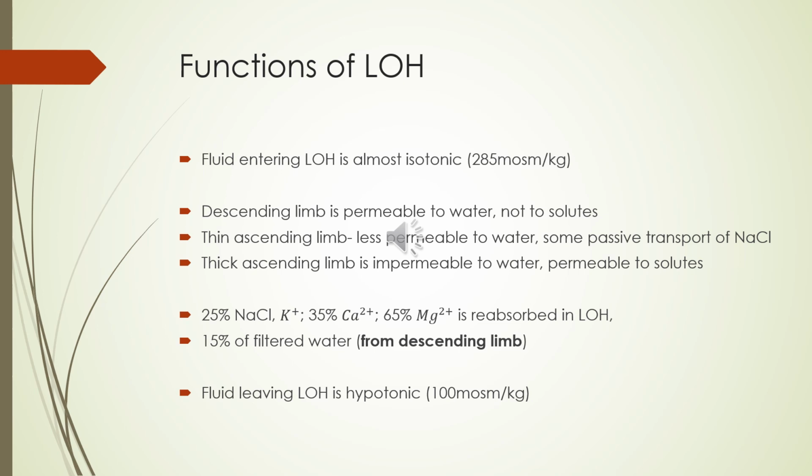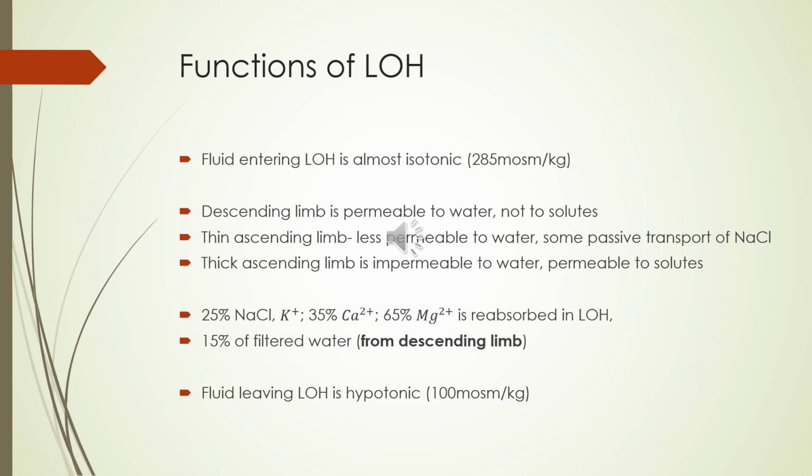The tonicity of plasma is around 290 milliosmoles per kilogram, and the fluid entering the loop of Henle is almost isotonic to plasma. In the loop of Henle, the descending limb is permeable to water but not to solutes. So some amount of water reabsorption occurs there.